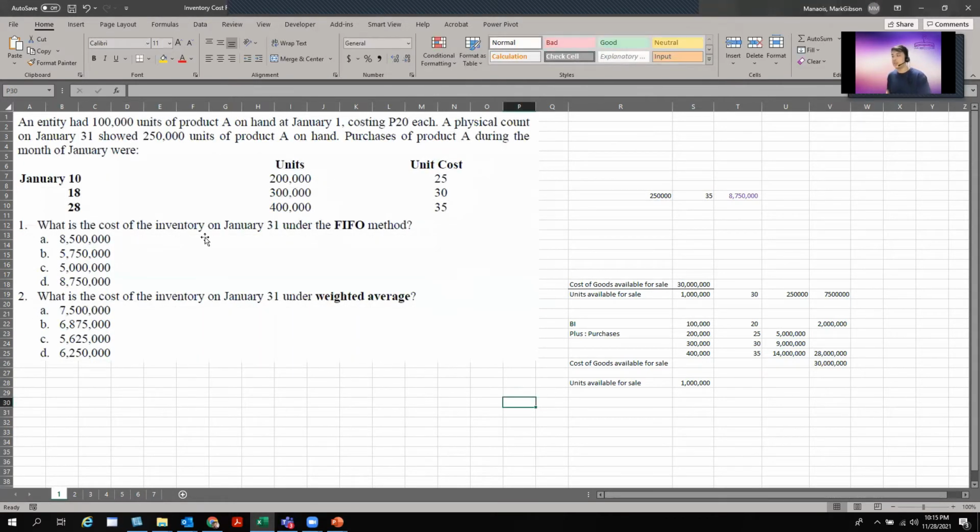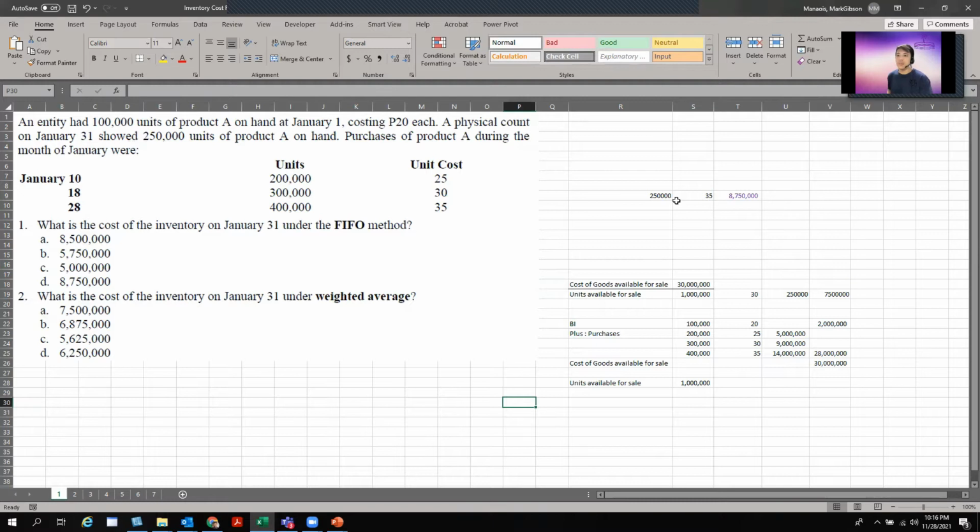Ang tinatanong sa number one class, wag magpapalito, this is the cost of the inventory on January 31 under the FIFO method. So January 31 meaning this is the ending inventory. Tandaan agad natin, if it's ending inventory under the first in first out method, the valuation of your ending inventory would be coming from your most recent purchases. So ilang units ba yung meron sa ending inventory natin?